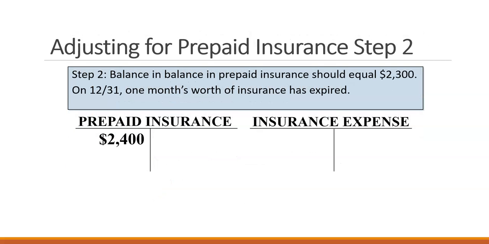On December 31st, we are getting ready to close our accounting records for the end of the month or the end of the year. December 31st can be the end of the year for some businesses. Businesses do not have to operate on a calendar year. They can operate on a non-calendar year as long as it makes sense for their business.